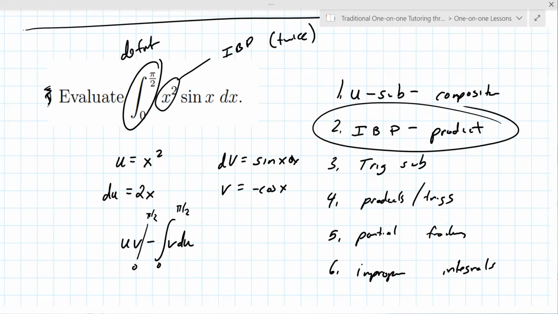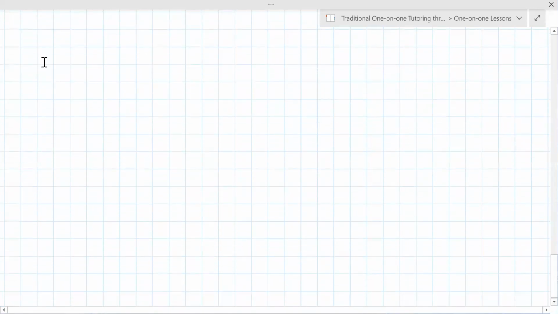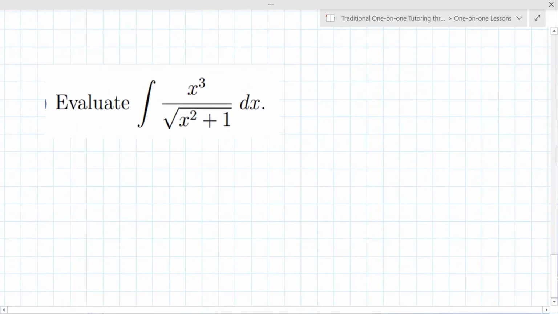This one is a bit tricky because I think it looks like something that it isn't. But let's take a look at it. Now, at first, I'm thinking trig substitution.